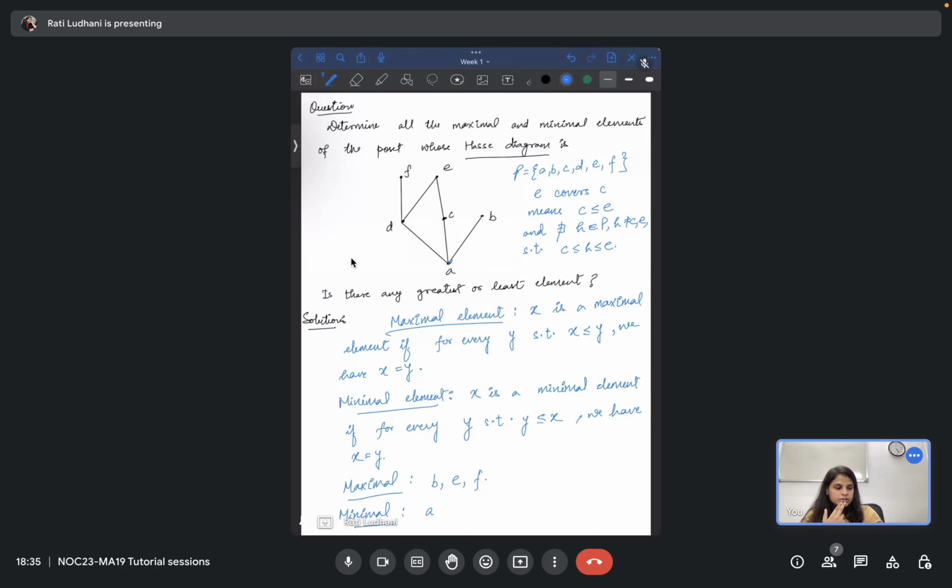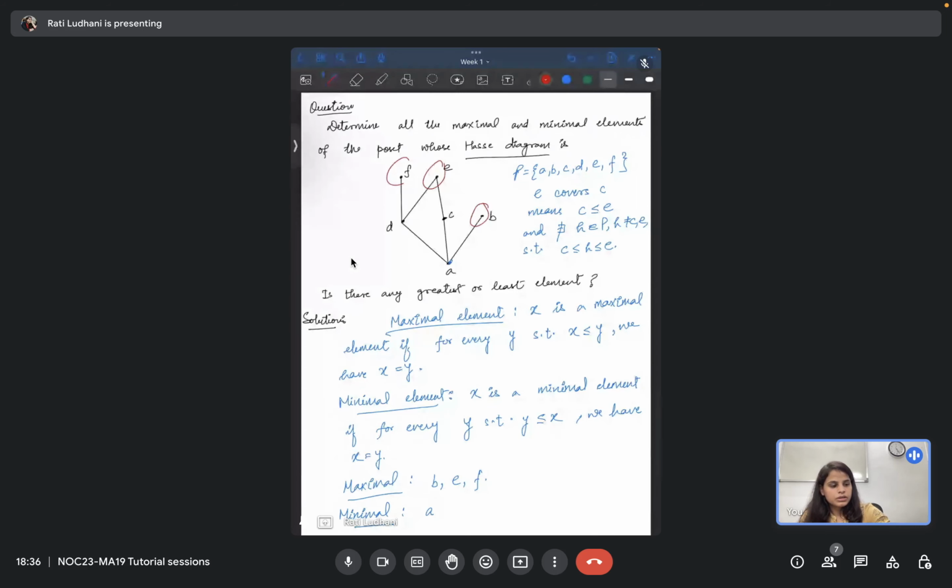Okay, is it? No, sorry, only A. So as you said, you have B, E and F, because there is no element above them, so these are definitely maximal elements.